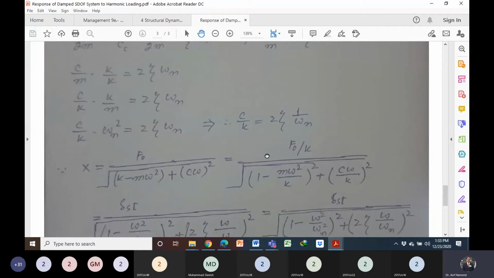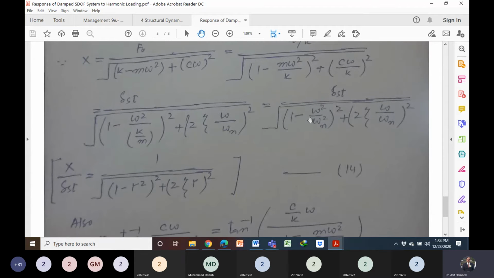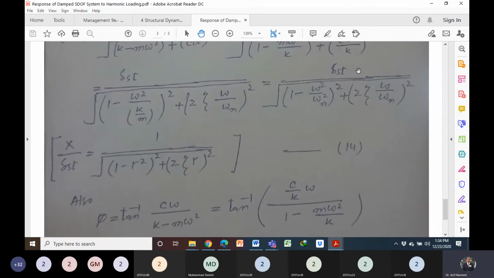Put the value of c over k, 2 zeta over omega n, with omega here. So 2 zeta omega over omega n. So this is omega over omega n, which is r: 1 minus r square plus 2 zeta r. This is the frequency ratio small r, and delta st we can take on the left hand side.